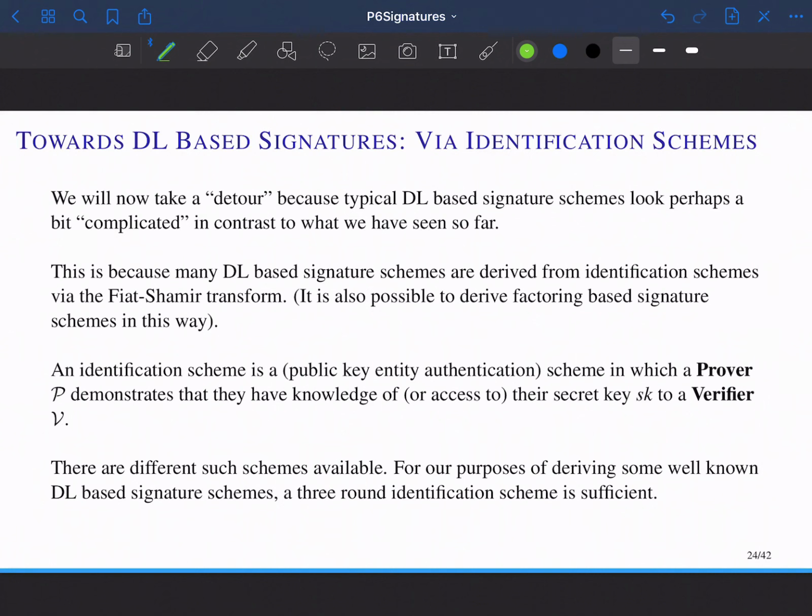And this is what identification or entity authentication is all about. We want to establish contact with a party, and not just any old party, but the party that has access to or is in possession of a specific secret key. And it's the secret key that we have the public key for, basically.